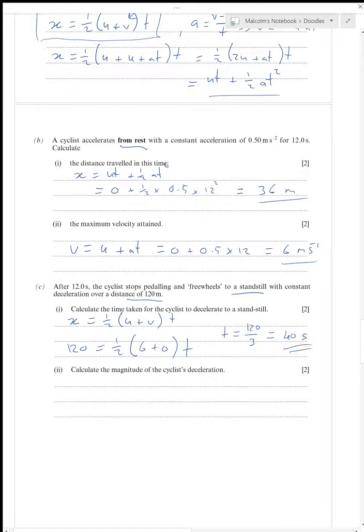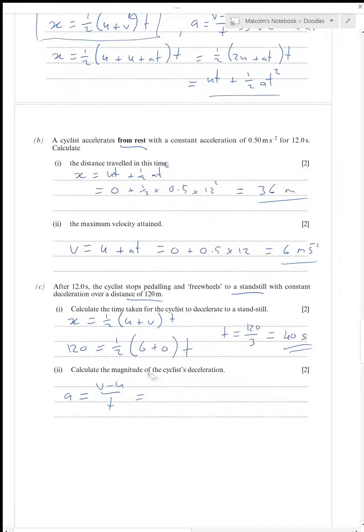Calculate then the magnitude of the cyclist's deceleration. I don't like the word deceleration, but I'll let them off with it. We've got this, a equals (v minus u) over t. The change in velocity here is 6 meters per second.